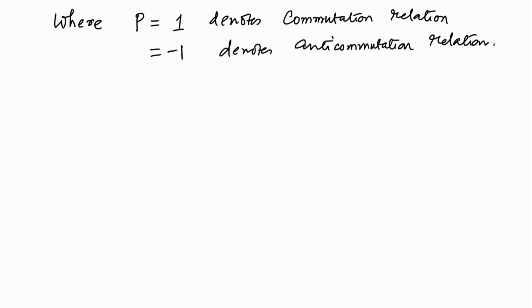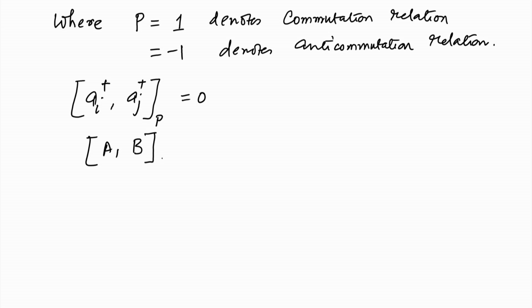Let us see clearly what it means: we have A i dagger, A j dagger, and I will write a p subscript here, which is equal to 0. So, the notation is that if I have two operators a and b, written with a p as a subscript on a square bracket, this is equal to a b minus p b a.